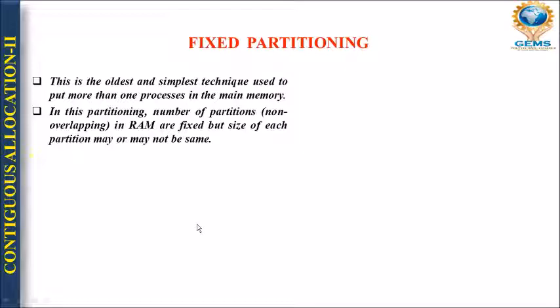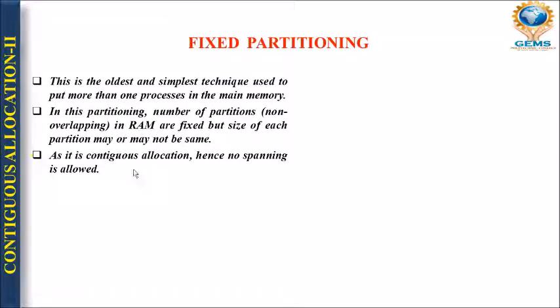So whatever the size we are allocating to the process, we will always provide the fixed partition, although the process may or may not have the same size. Hence, there is no spanning allowed in the fixed contiguous allocation.